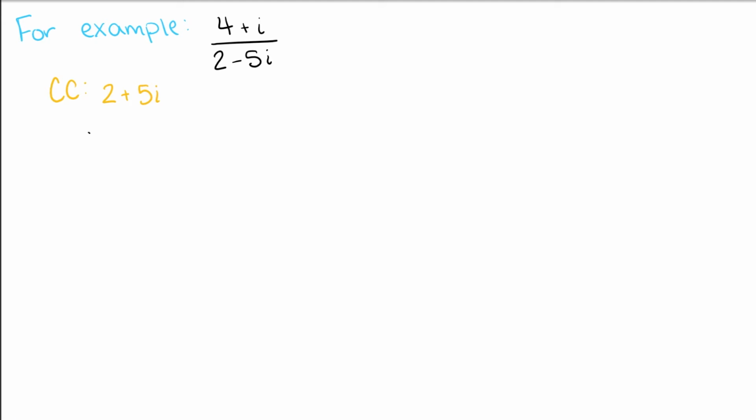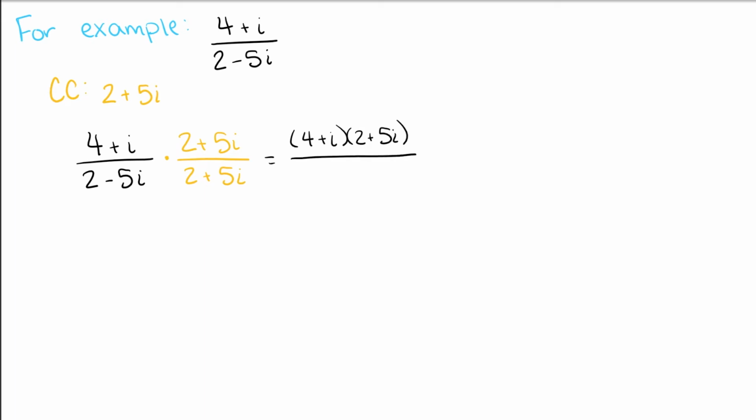So we'd have 4 plus i over 2 minus 5i times 2 plus 5i over 2 plus 5i. This is going to be equal to 4 plus i times 2 plus 5i all over 2 minus 5i times 2 plus 5i.